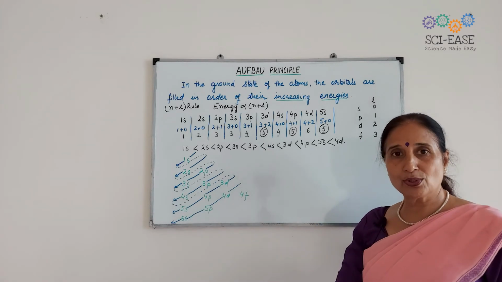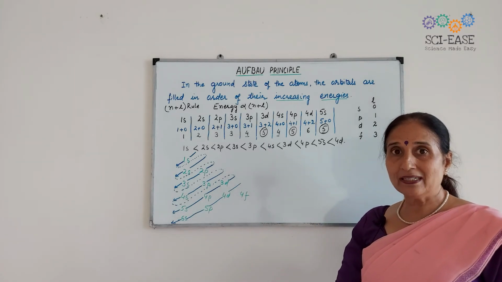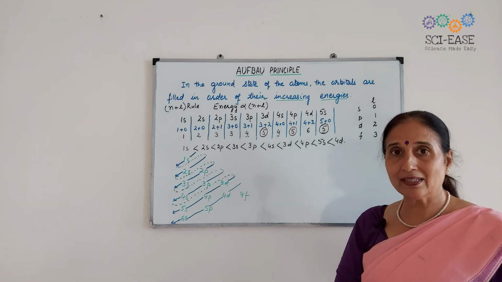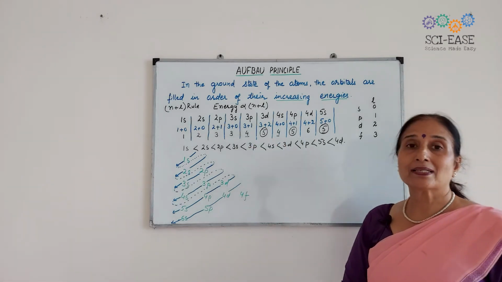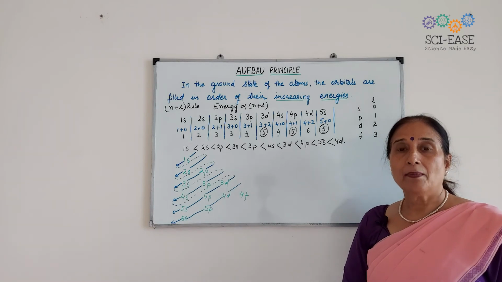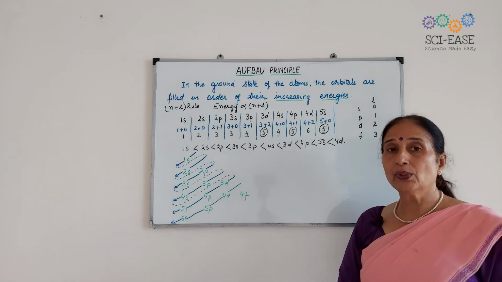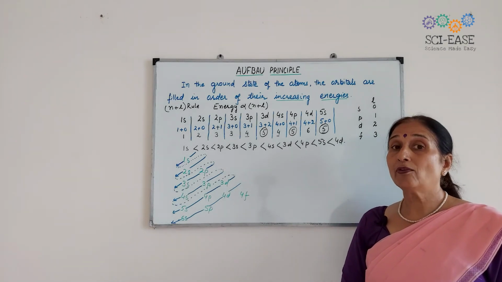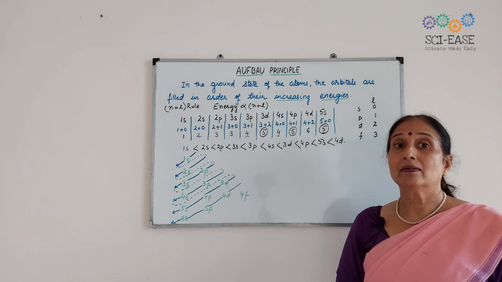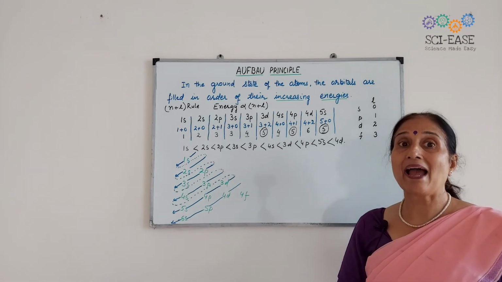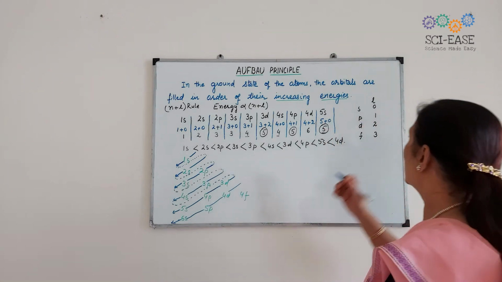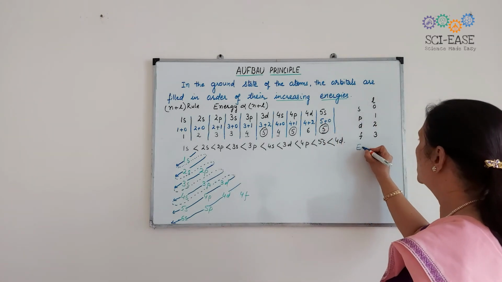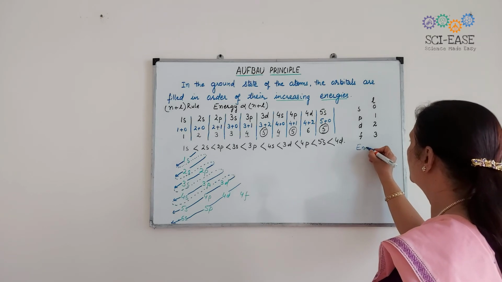You will know how to fill the orbitals and which orbital is having the lesser energy, or you can take the n plus L rule. But the n plus L rule is not followed by orbitals which have only one electron. Their energy is directly proportional to n only.